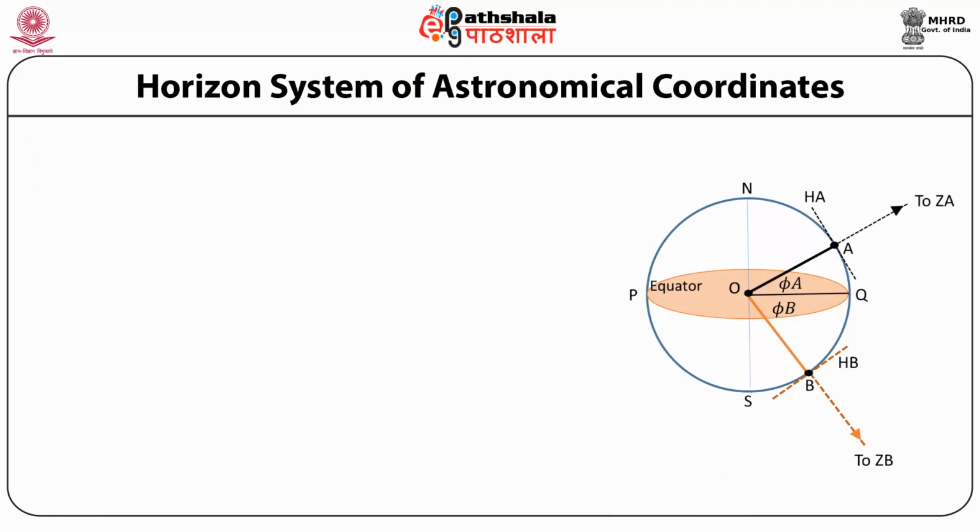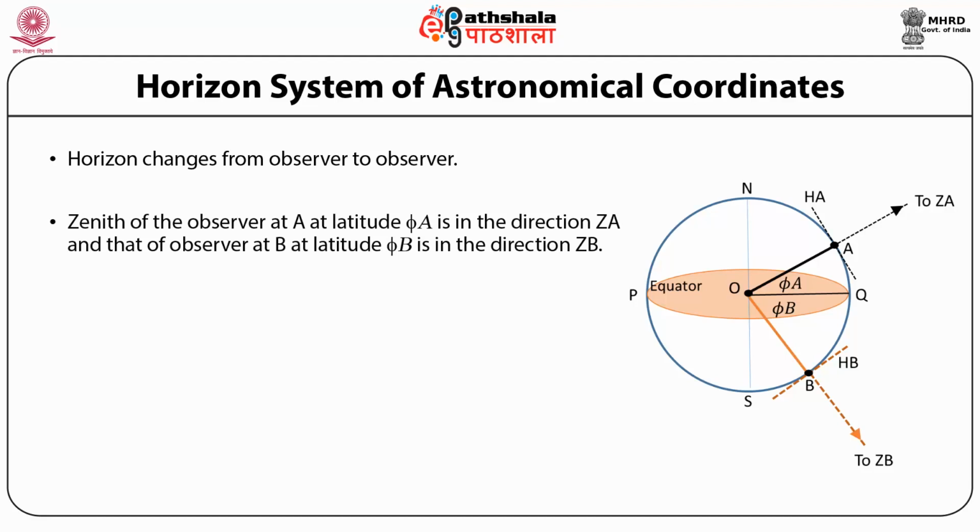The first drawback of the horizon system is that the horizon for different observers is different. Since the horizon is different, the coordinates of a star for two observers at different horizons will be different. This is also shown in the picture. The zenith of observer A is in direction ZA, and that of observer B is in direction ZB.